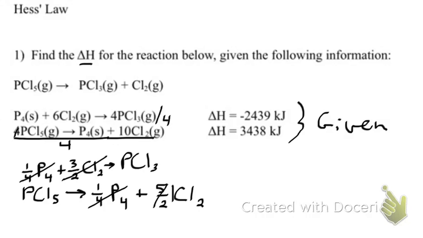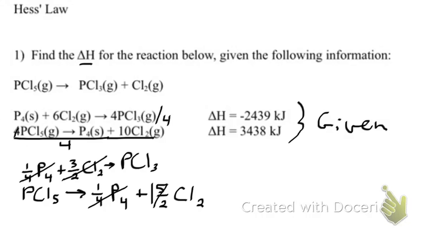Which is what we want. Sorry, I'm going to write it over here so it doesn't get confusing. 1 on that side. Now we have PCl5, oh sorry, I was going to the wrong one, PCl5, PCl3, PCl3, and then Cl2, Cl2.